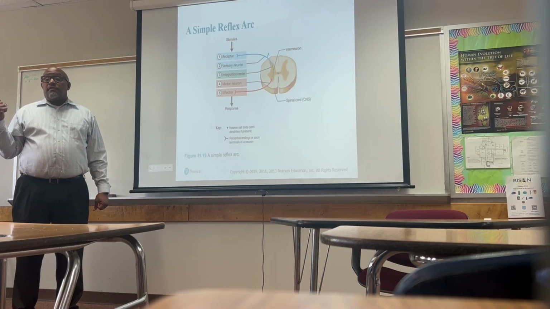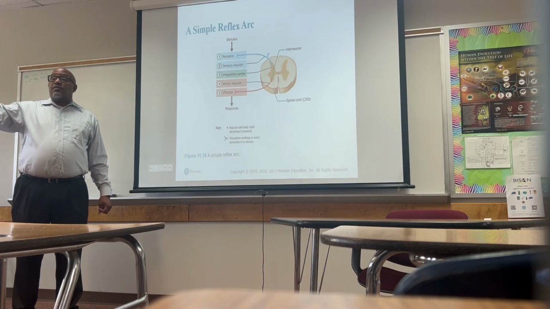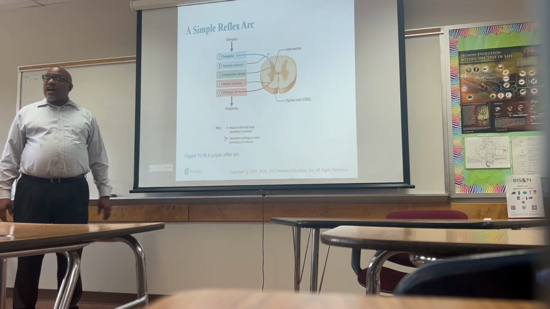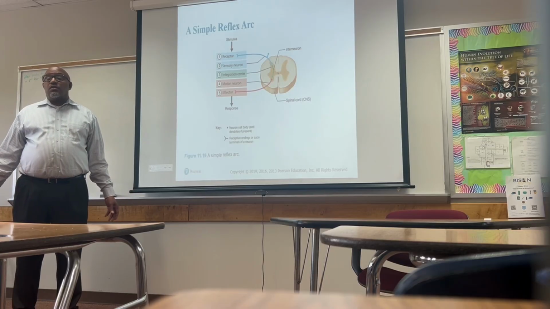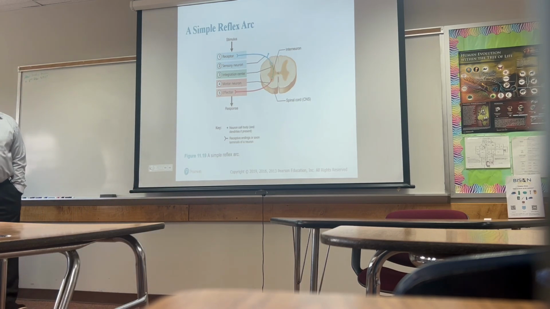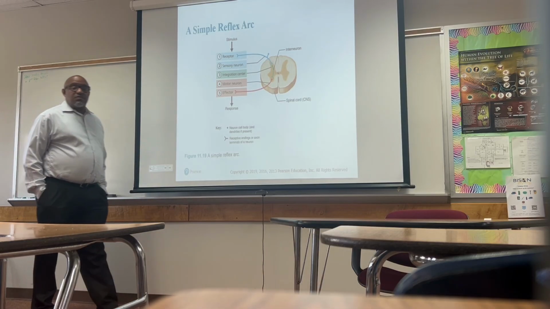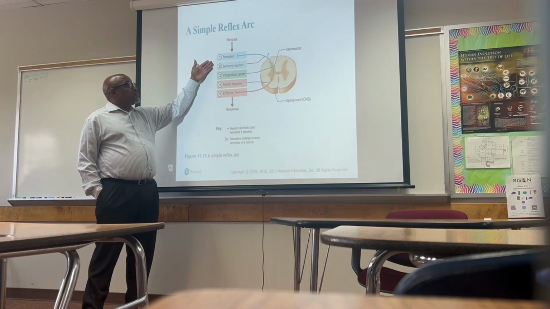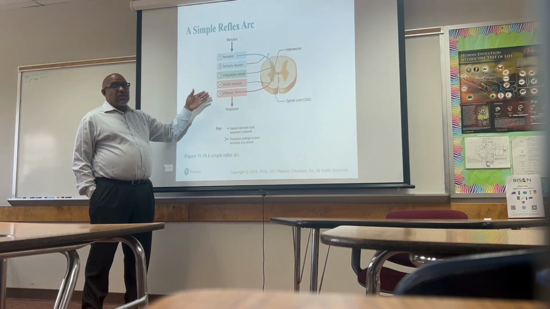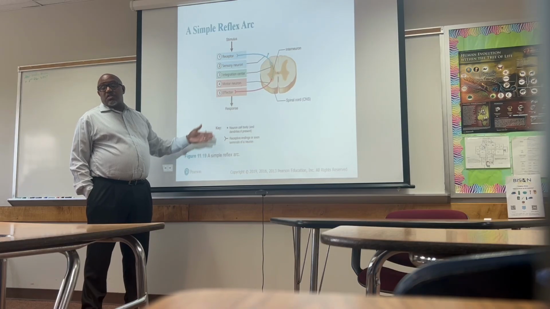If something is crawling on your skin, the reflex arc is 1, 2, 3, 4, 5 before you swat whatever bug is on your skin, okay? So it travels through this reflex arc. And in the next set of chapters, we talk about receptors, sensory neurons, the integration center, motor. This is what the next chapters deal with, just in more detail, okay?